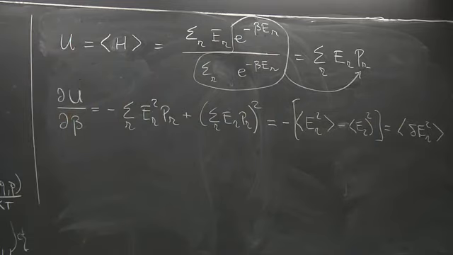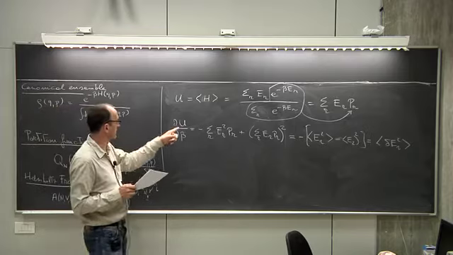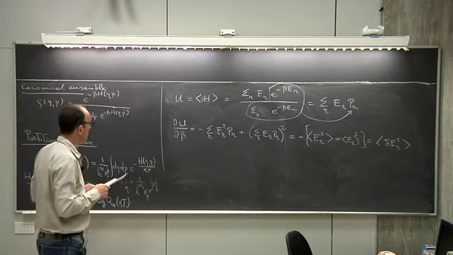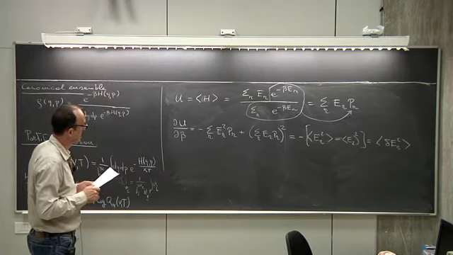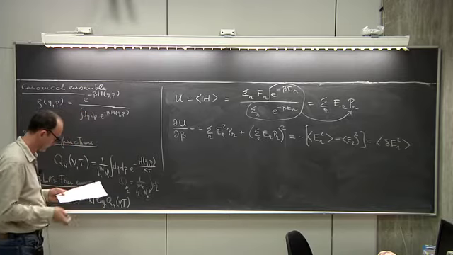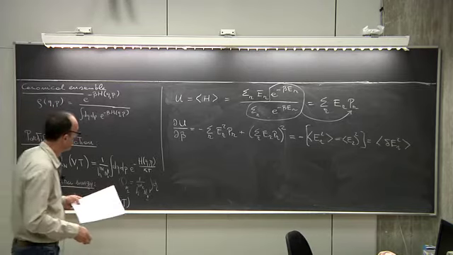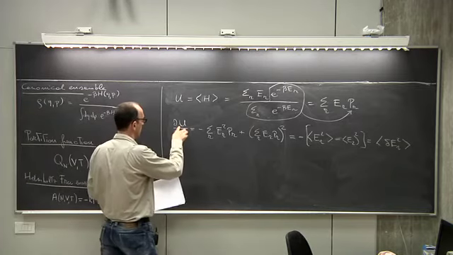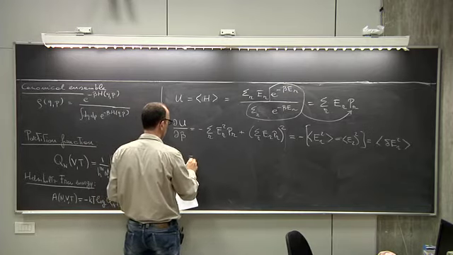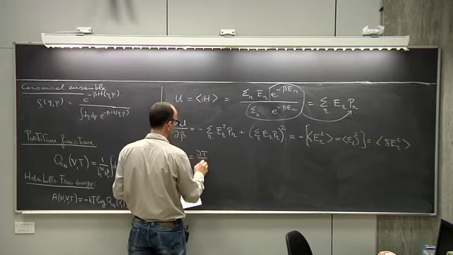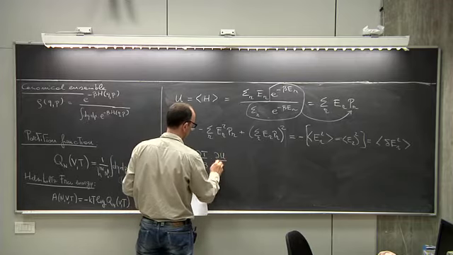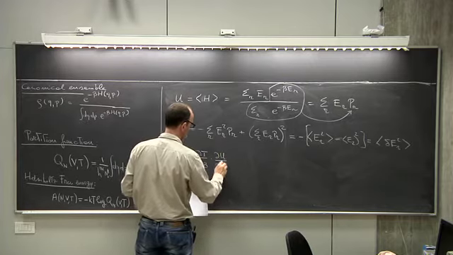But what I can do is also to take this derivative using thermodynamics. What I know is that if U is the energy of my system, then this derivative is also equal to dT d beta times dU dT.